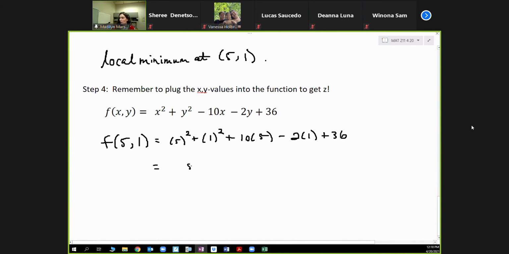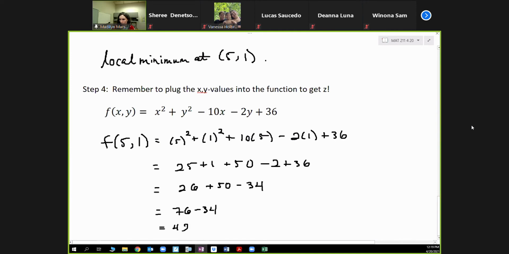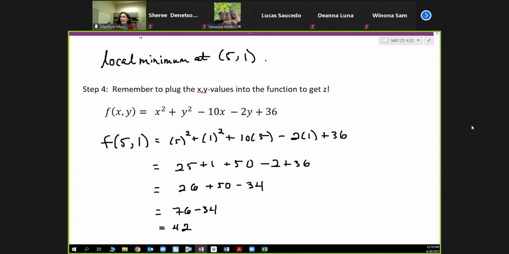So we have 10. Let's see. Not quite 10. Right, so that's 76. 42. Is it supposed to be minus 10x, not plus 10x? Yes, thank you.